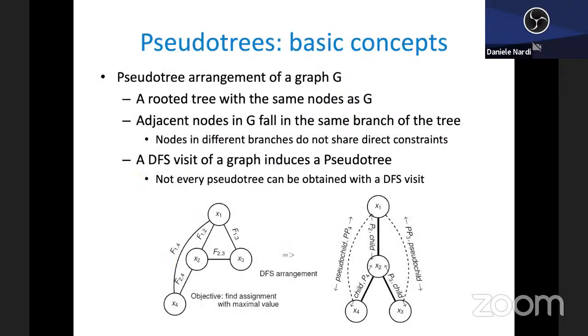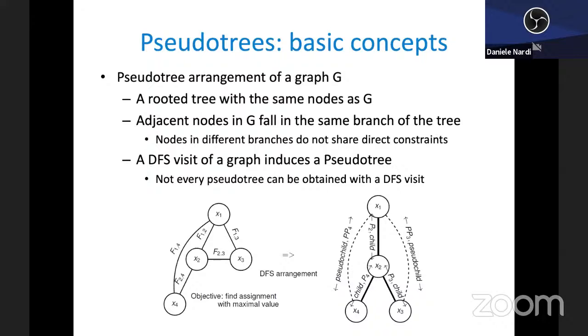So remember, step number 1, we have to build a pseudo tree. And what is a pseudo tree? It is a tree which has all the nodes that are in the graph, except that these nodes are arranged in a tree structure, starting from one root node, and then being arranged in a structure such that different branches of the tree do not share constraints. Okay, so this is quite important because in this particular example, we see, for example, that x3 and x4 do not share any constraint.